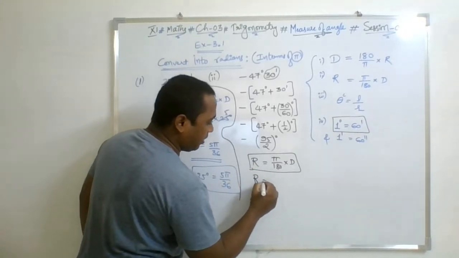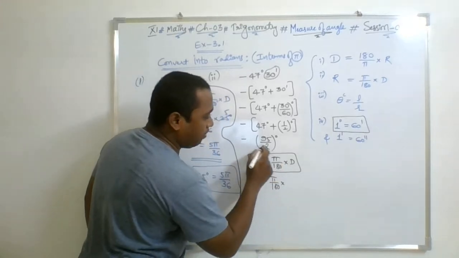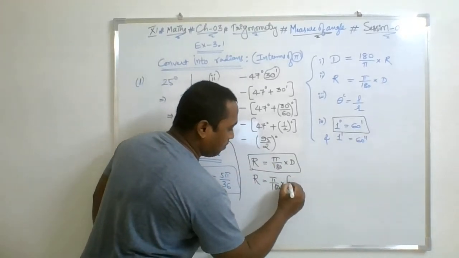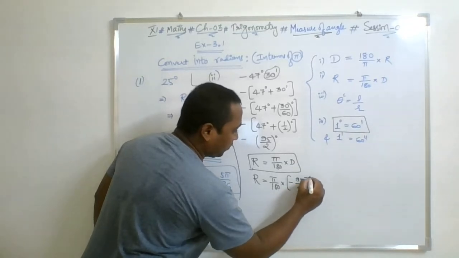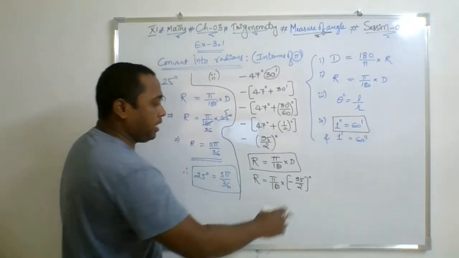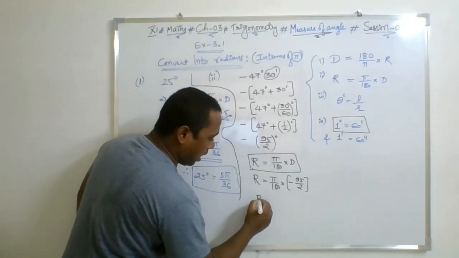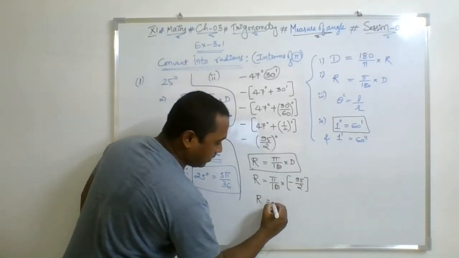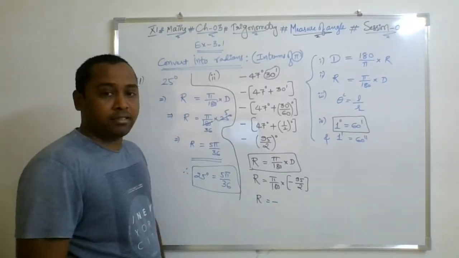Hence the radian measure is equal to pi by 180 into, what is the degree measure we got? Minus 95 by 2 degree. Keep this minus sign out and try to cancel maximum.